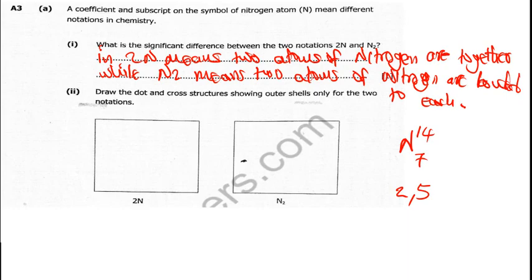So back now to our question. The first notation, just as we answered in the first question, means we just have two nitrogen atoms which are closer to each other. They are not bonded to each other. So we are going to have something like this. A nitrogen atom here with 5 electrons, 1, 2, 3, 4, 5.